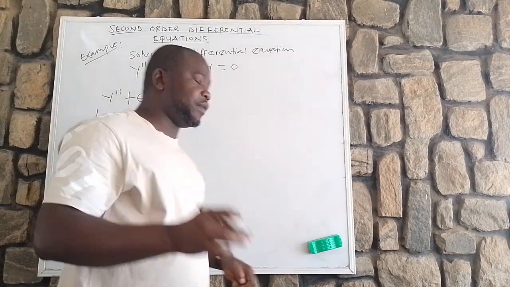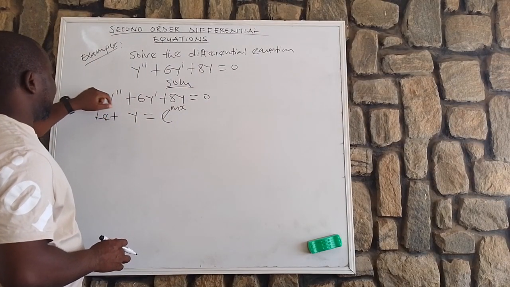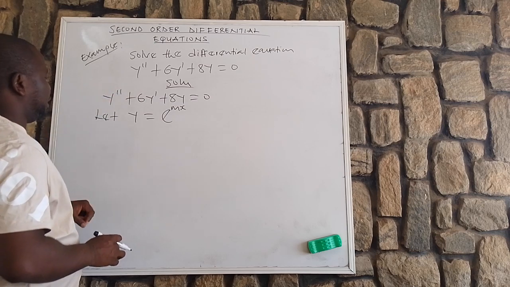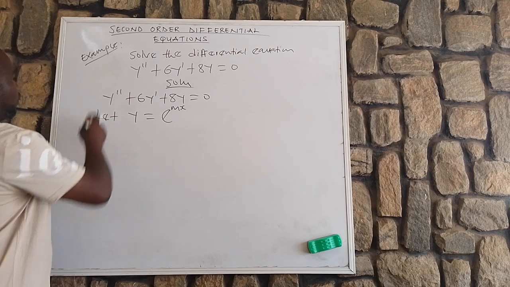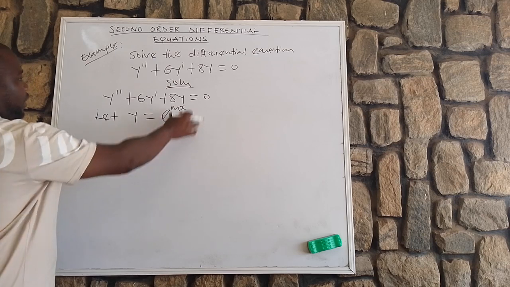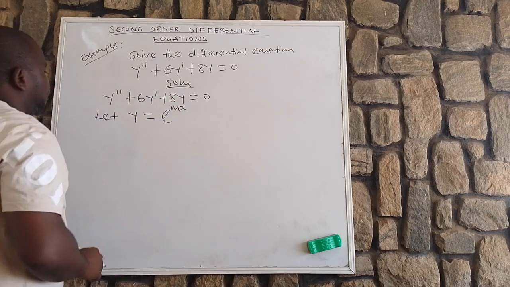We will differentiate this function twice because the degree here is 2, raised to power 2. So we are going to differentiate it twice, then substitute it into this second order differential equation.